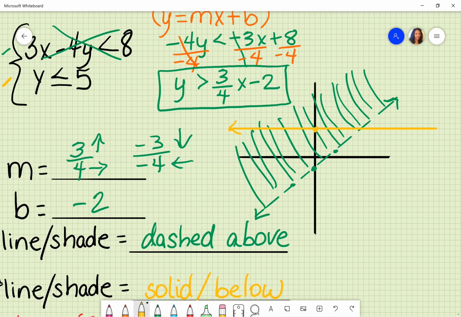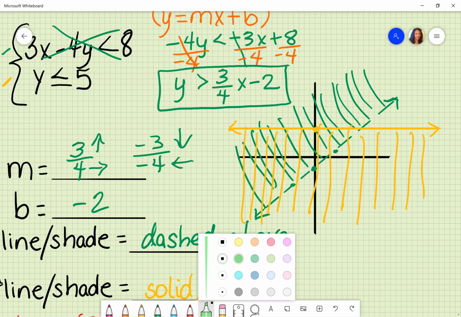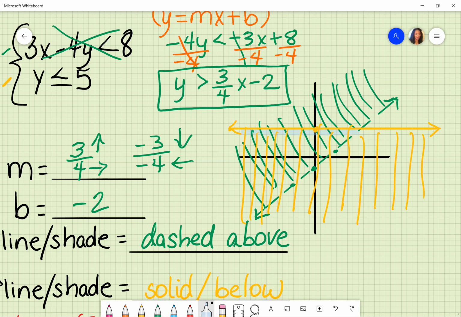And according to my notes, I'm shading below. So everything below where y is 5. Now, what you are looking for is where do they actually overlap? So my yellow and green, this little section, all of this, that's overlap. That's what I'm focused on.